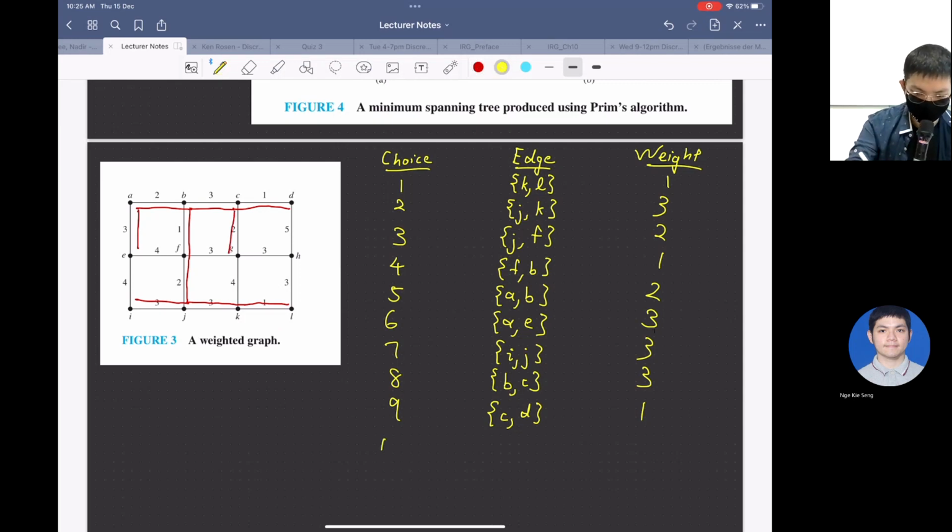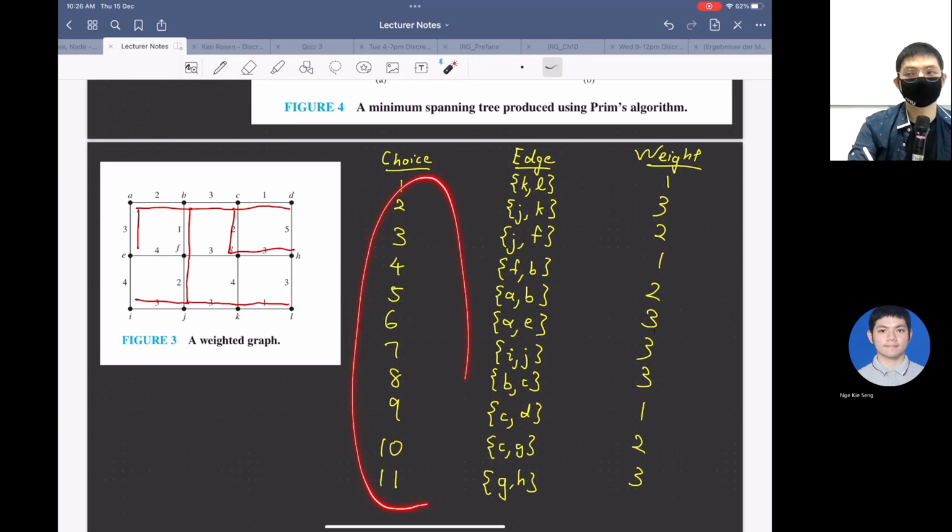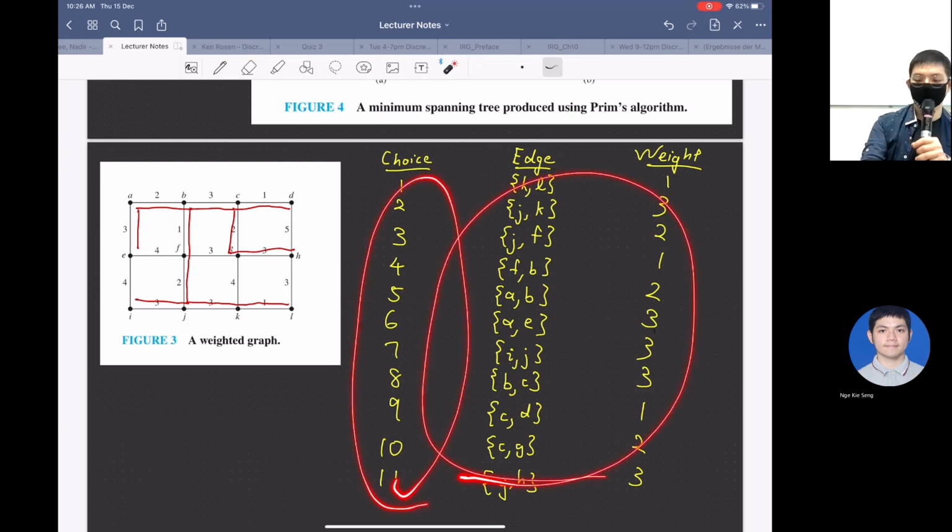Okay. Next. GH. Yes. Either one of them. Either you can pick IH or CG. Sorry. GH. So 12 vertexes, n minus 1, 11 edges. Okay, should be done by now.